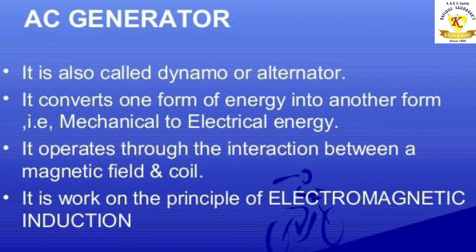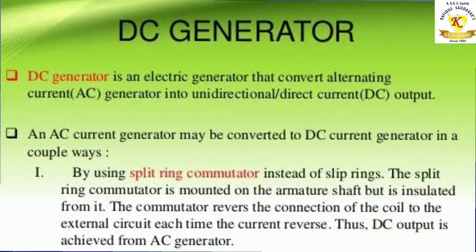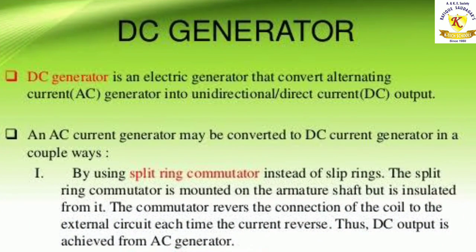Let's see the next, that is the DC generator. A DC generator is an electric generator that converts alternating current into unidirectional or direct current output. An AC generator may be converted to a DC generator in a couple of ways.